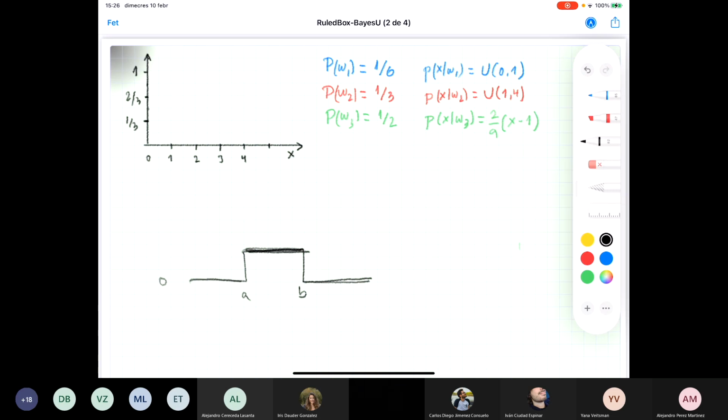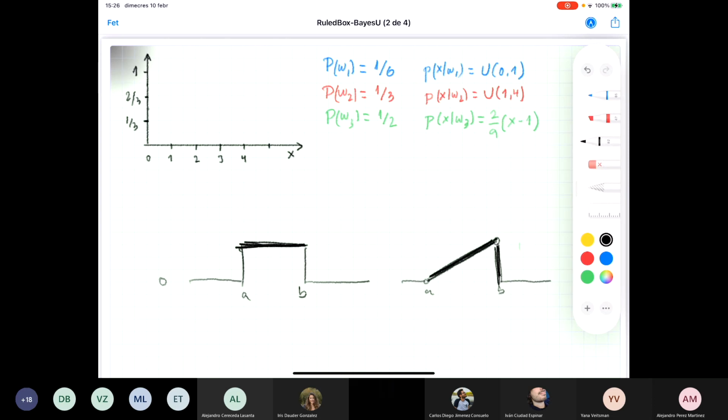While in the linear case, also between A and B, we have something like this. Linear, uniform. Okay?